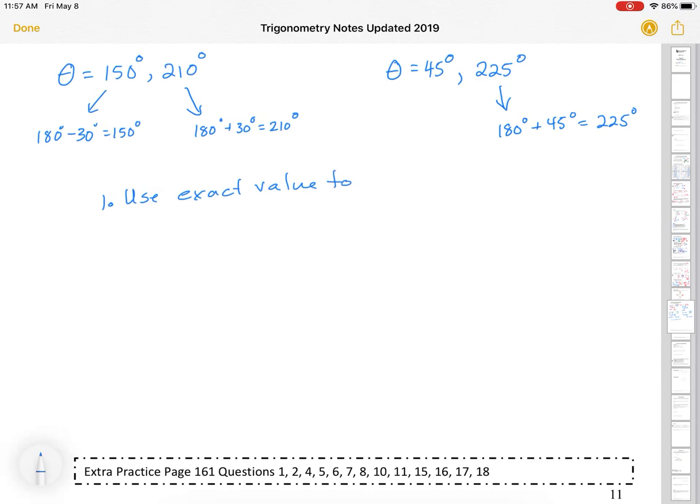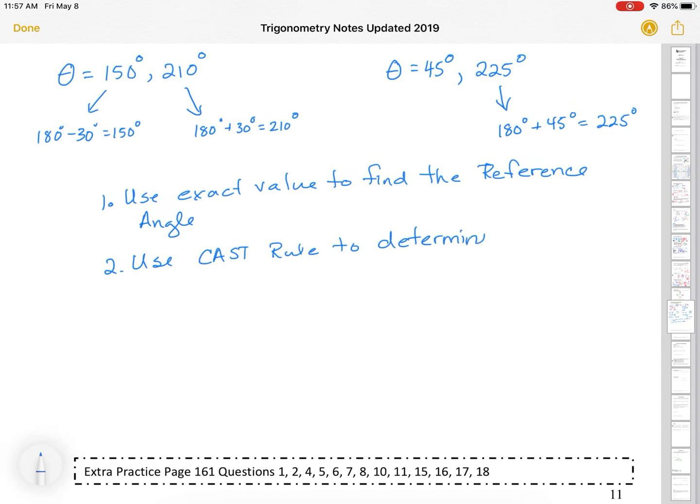Okay, so here's a little piece of information for how to approach these. 1, use exact values to find the reference angle. So have that chart handy. Okay, that chart's very valuable. Then use the CAST rule to determine which quadrants the rotational angle lies in.